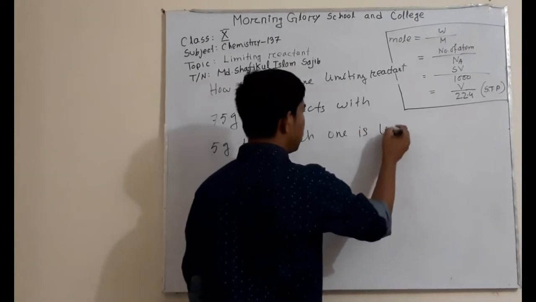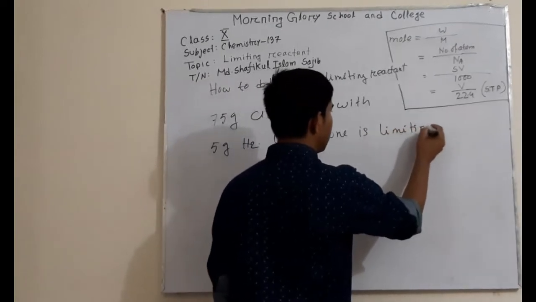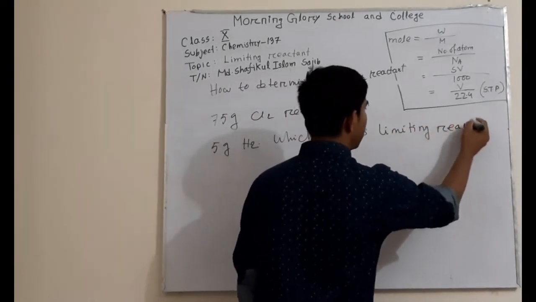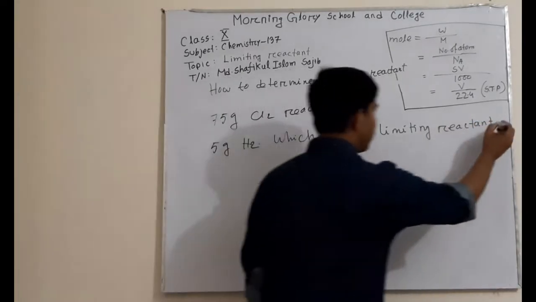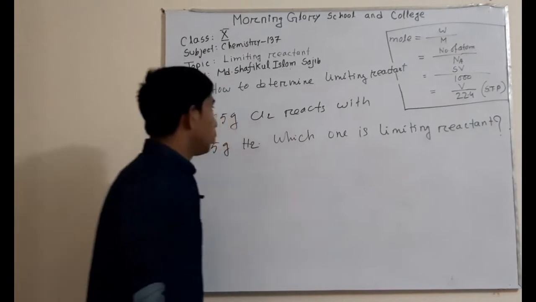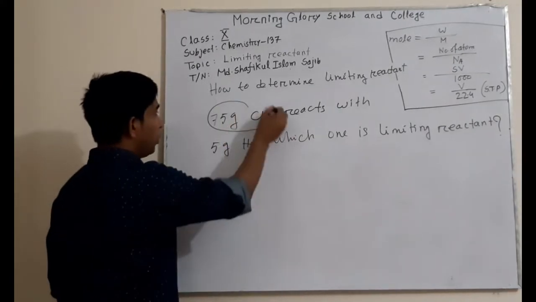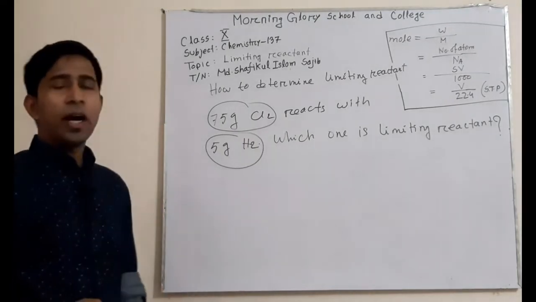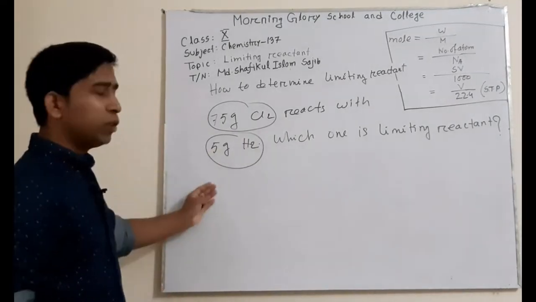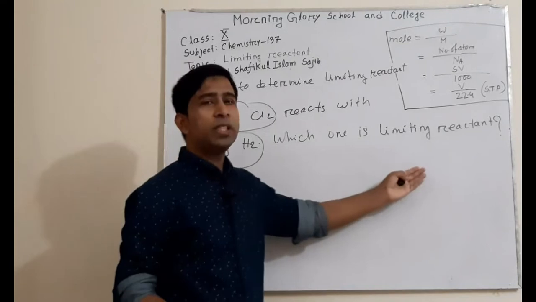Which one is the limiting reactant? We have 75 gram chlorine gas and 5 gram hydrogen gas. So chlorine and hydrogen react. Which one will be the limiting reactant here?